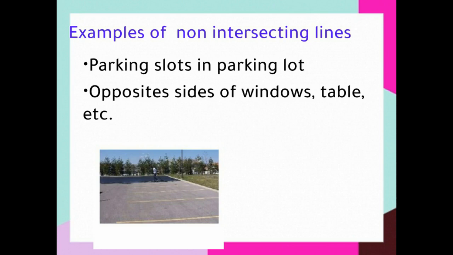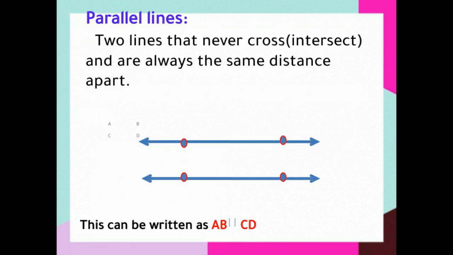See some examples of non-intersecting lines. Parking slots in a parking lot. Opposite sides of window, table, etc. Look at the parking slot. The lines marked with yellow are non-intersecting lines. Already we saw non-intersecting lines are also known as parallel lines, isn't it? Yes.